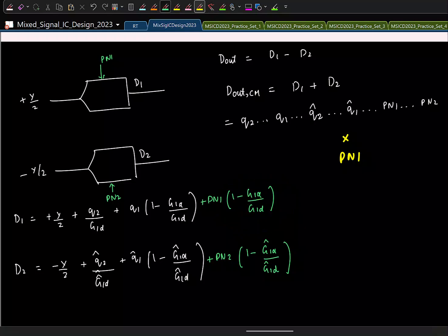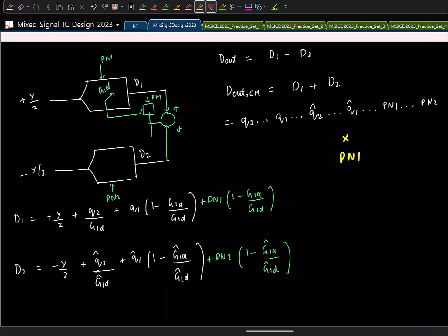So what I do is, I take the sum of these two, correlate with the first PN sequence, and then do the same LMS update. I will not show that at all, I will just directly go and change the digital gain here.